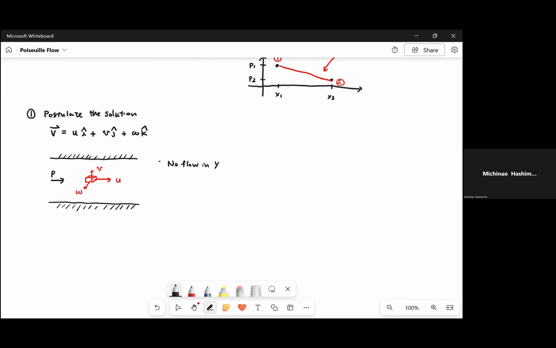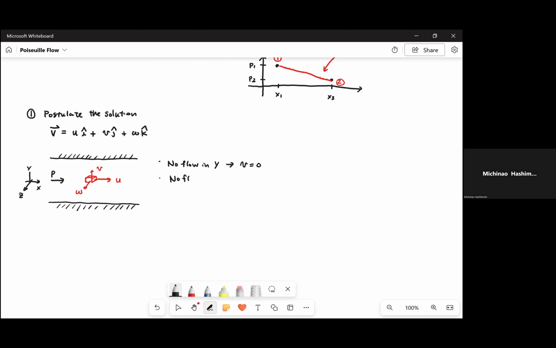Let me just write this: x, y, and z. No flow in y, and this tells you v equals 0.